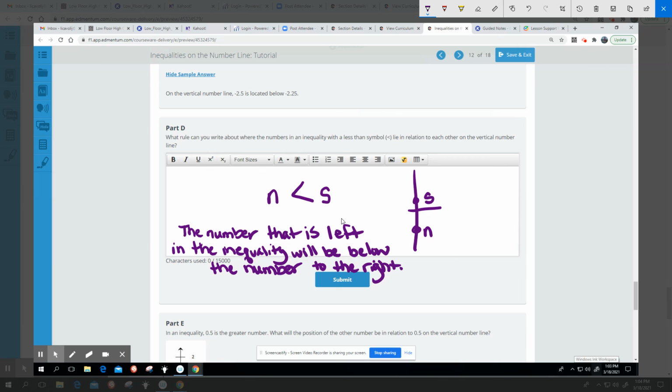So when we look at an inequality using a less than symbol, the number that is on the left of the inequality, or the first number that appears in the inequality, will be below that second number.